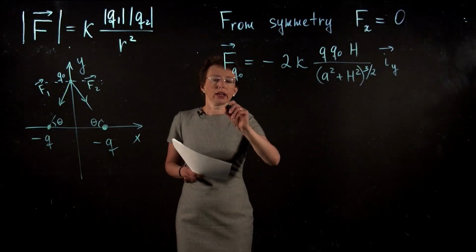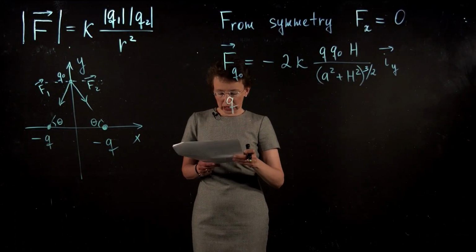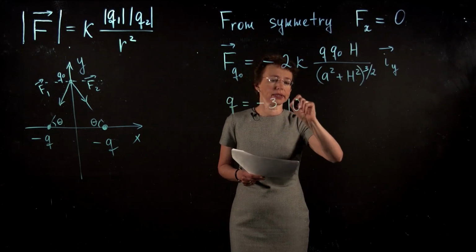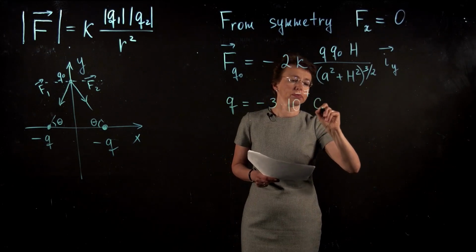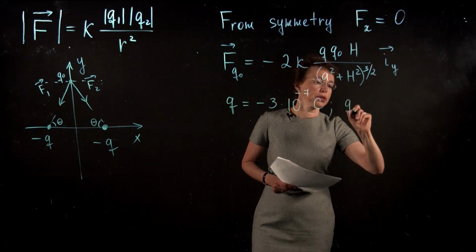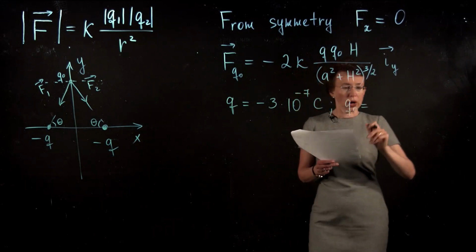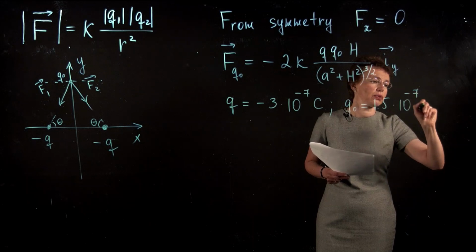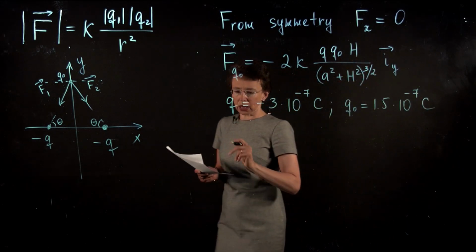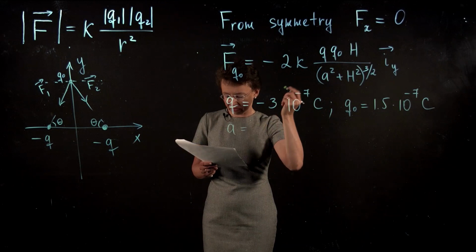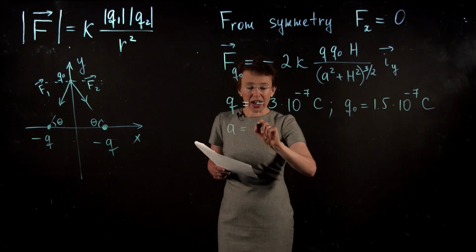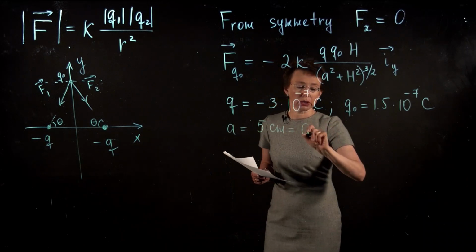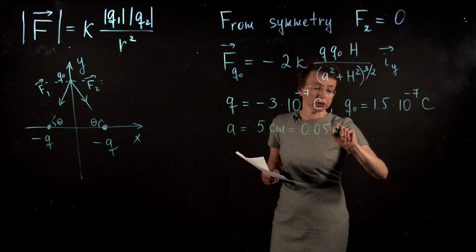So let's say that Q is minus 3 times 10 to the minus 7 coulombs. Q naught is 1.5 times 10 to the minus 7 coulombs. And then a, for example, is 5 centimeters. We need to convert it to meters, 0.05 meters.